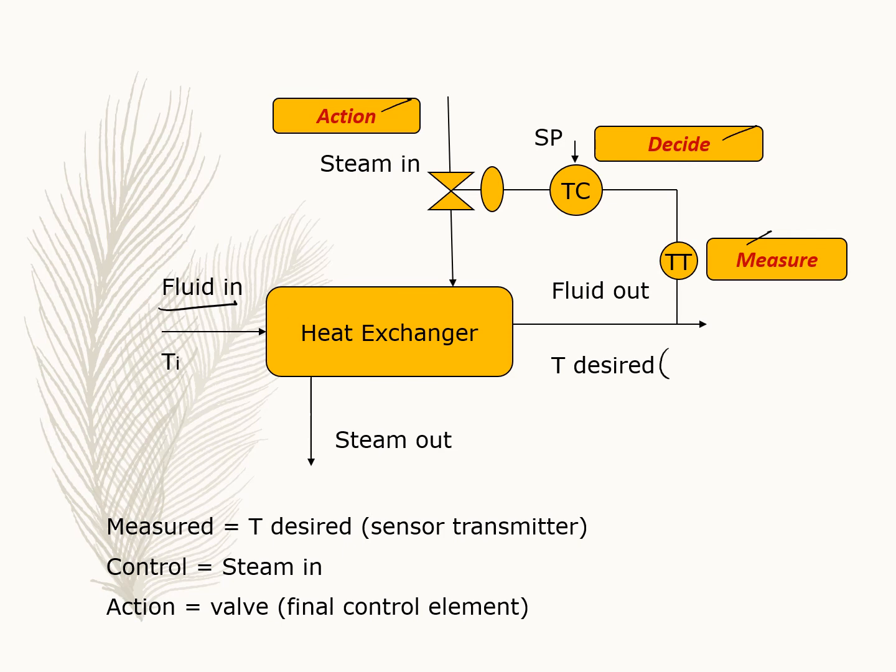For example, we want the temperature of the fluid up here to be around 100 degrees Celsius. Basically our control objective is to maintain or control the fluid out from the heat exchanger at 100 degrees Celsius.